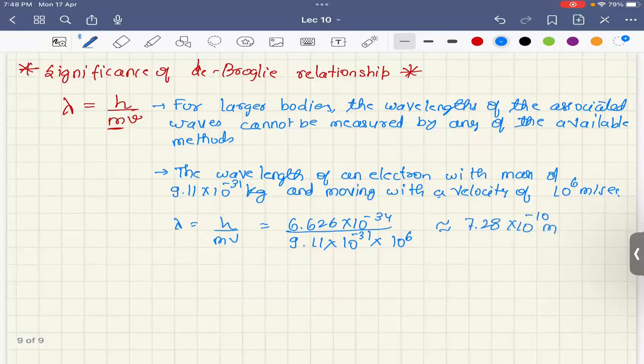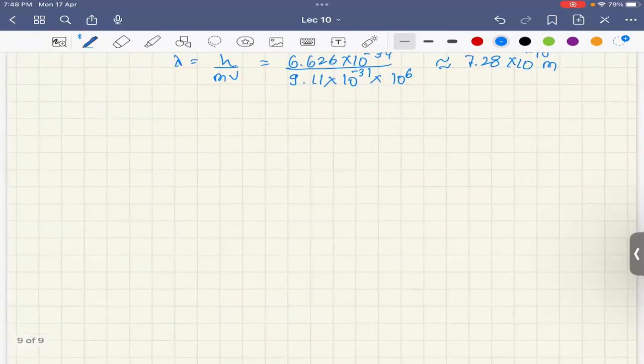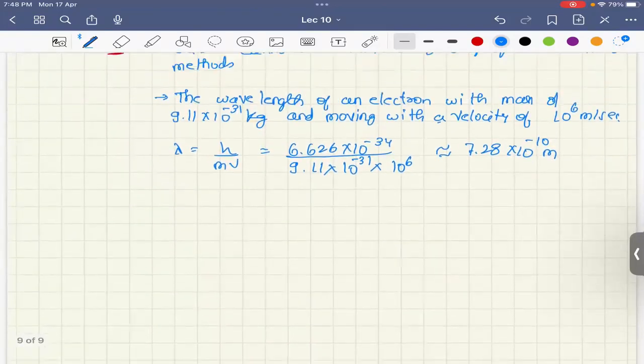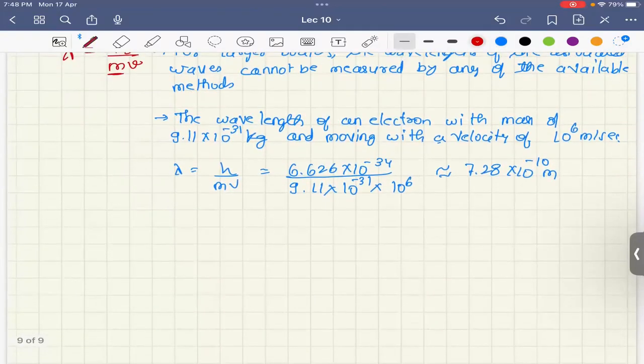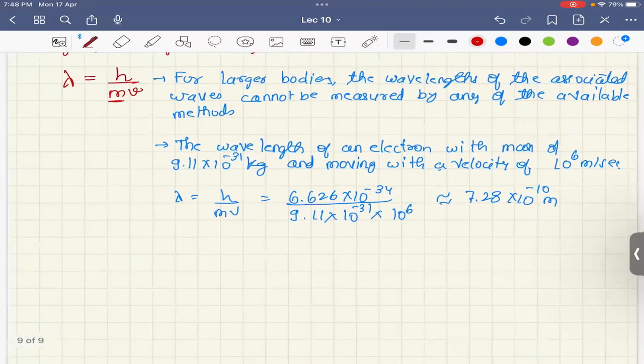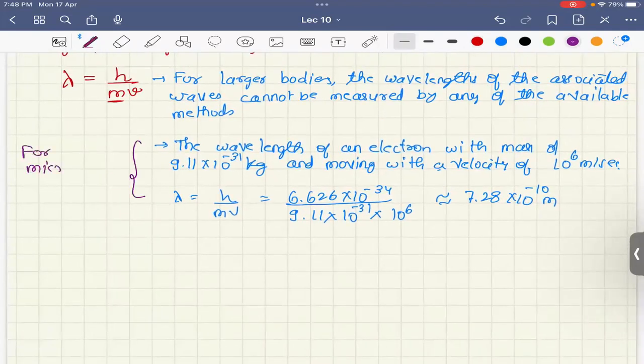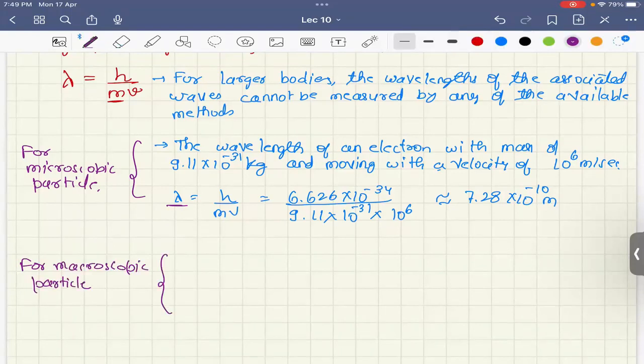right? For a microscopic particle, this is the de Broglie wavelength, and for a macroscopic particle, we are going to calculate the de Broglie wavelength.